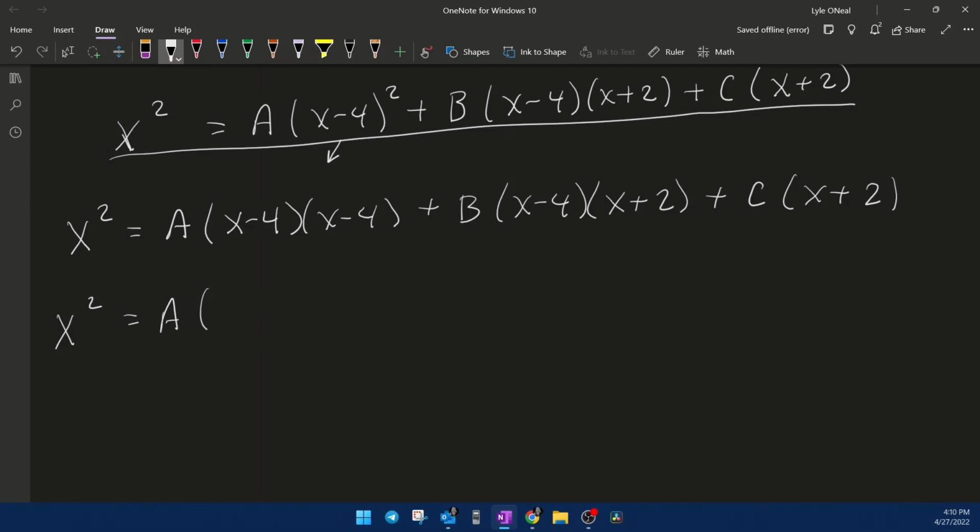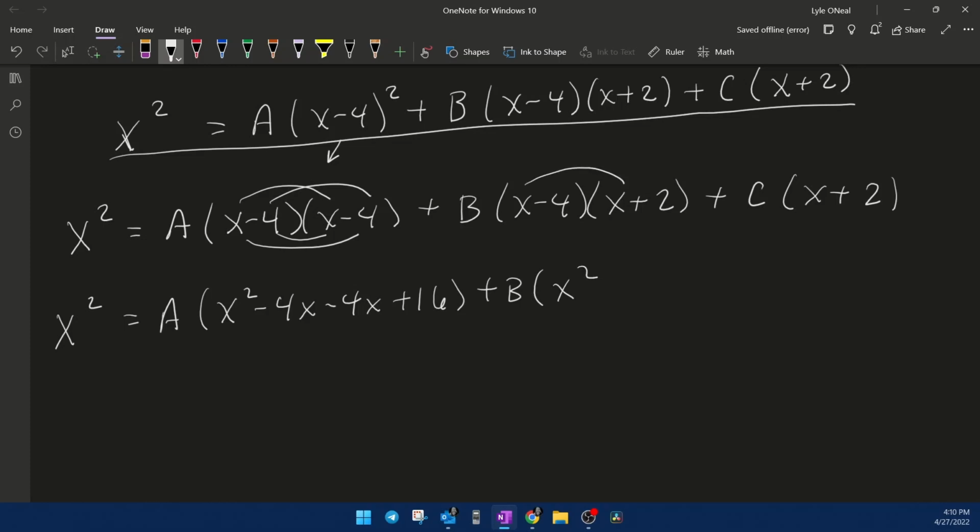A times, and then doing the FOIL method, x squared minus 4x minus 4x plus 16, and then plus B times, doing the FOIL again, x squared plus 2x minus 4x minus 8 plus, and I'm going to go ahead and distribute the C. That's going to give me Cx plus 2C.